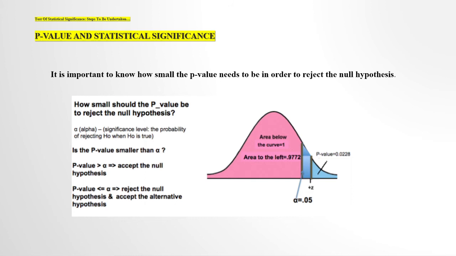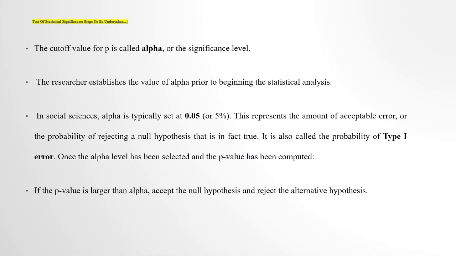So here we need to see how much smaller the p-value is than this alpha. If the p-value is greater than alpha, then we accept the null hypothesis. But if the p-value comes out to be less than alpha, then we need to reject the null hypothesis and accept the alternative hypothesis.